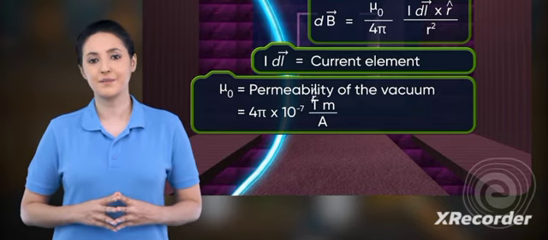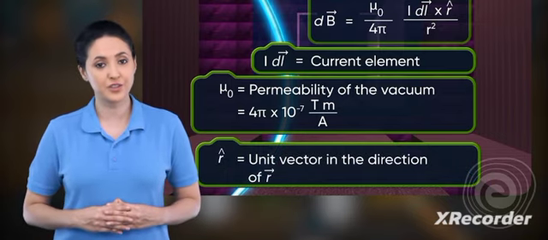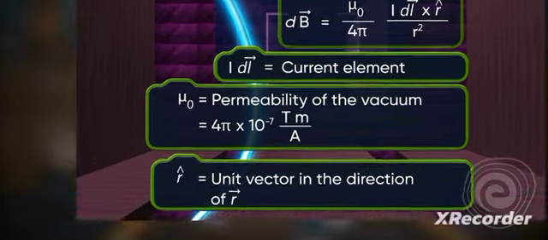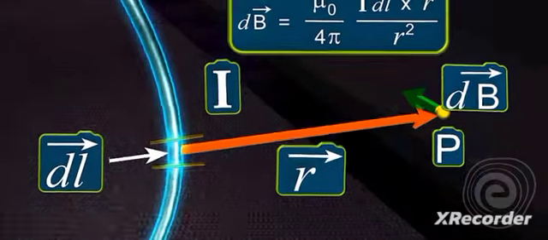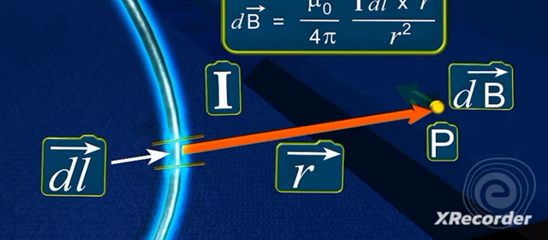R cap is a unit vector in the direction of vector r. The direction of vector dB is that of the vector product of vector dl and vector r and is perpendicular to the plane formed by vector dl and vector r.